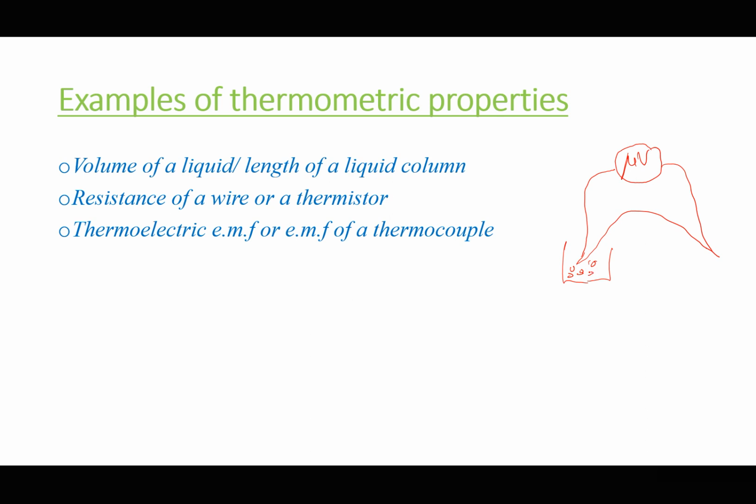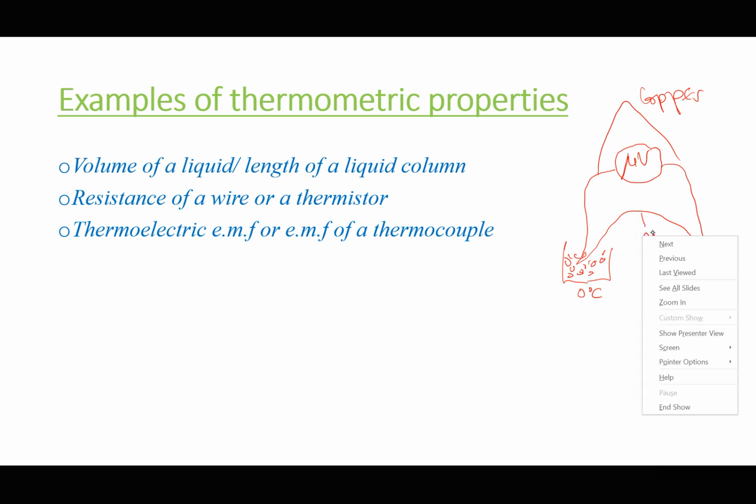Let's say this junction is kept in ice, that is say at 0 degrees Celsius. And the other junction can be placed in a liquid or any substance whose temperature is required. Note that this wire could be copper, and this could be another material, maybe nickel. So the two wires should be made out of different materials.